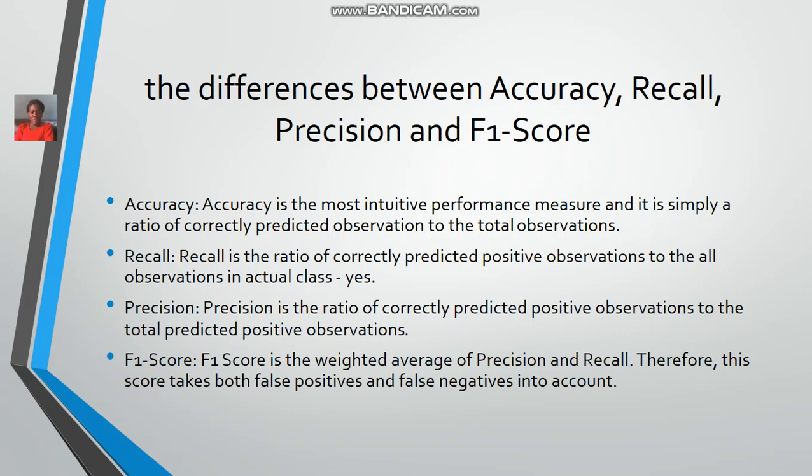Precision is the ratio of correctly predicted positive observations to the total predicted positive observations. Lastly, the F1 score is the weighted average of precision and recall.